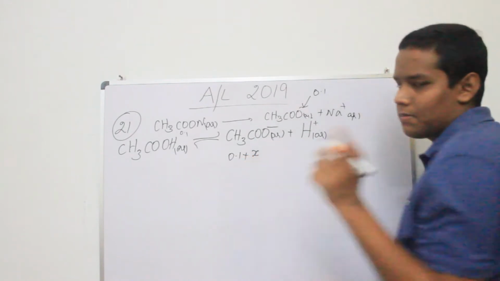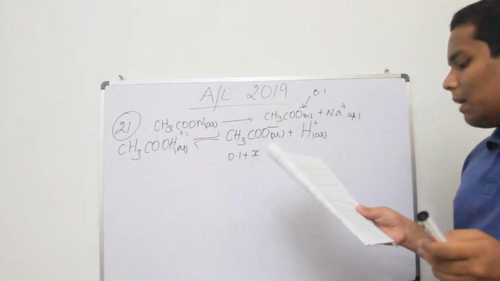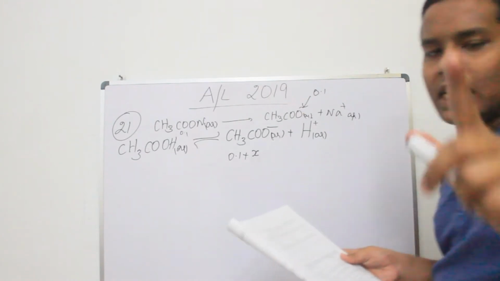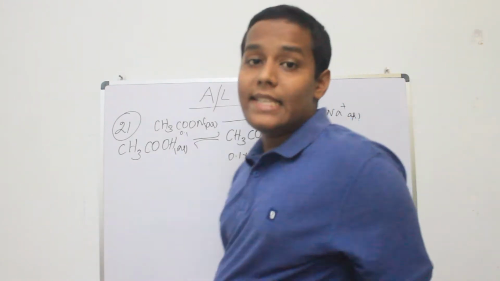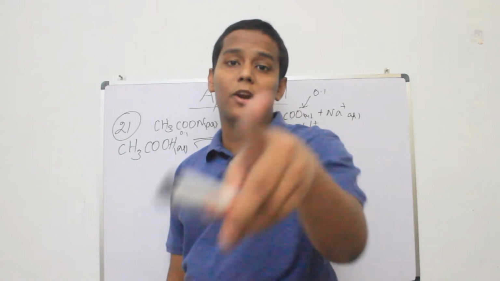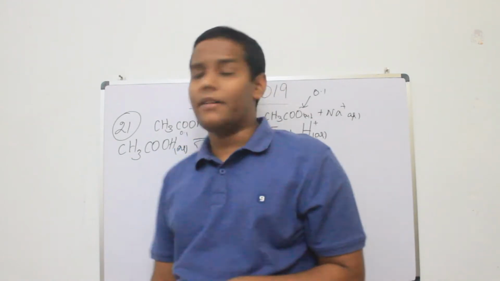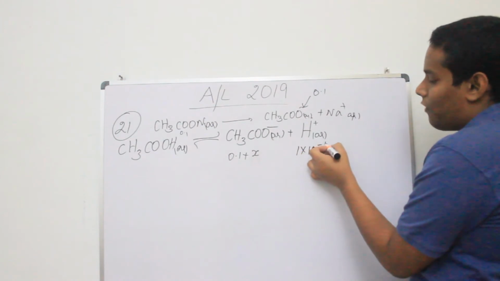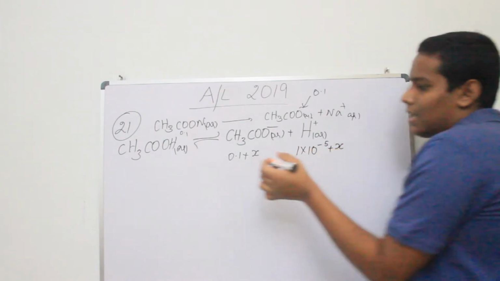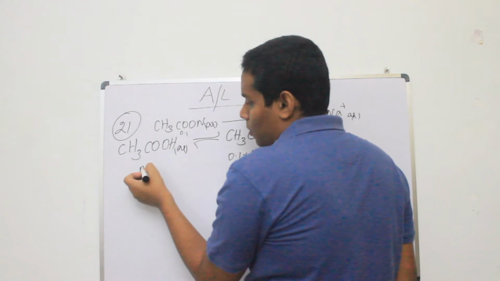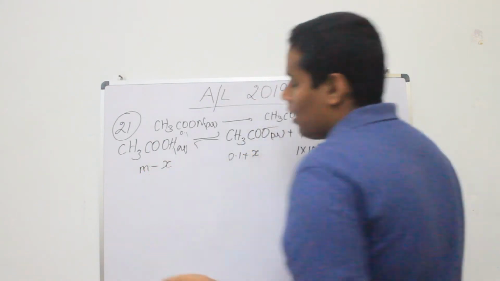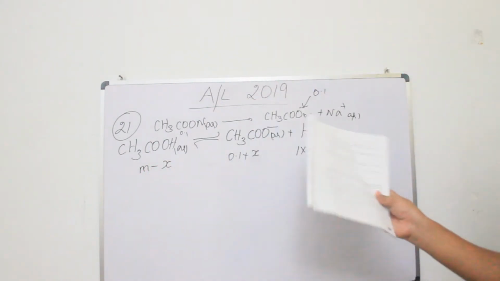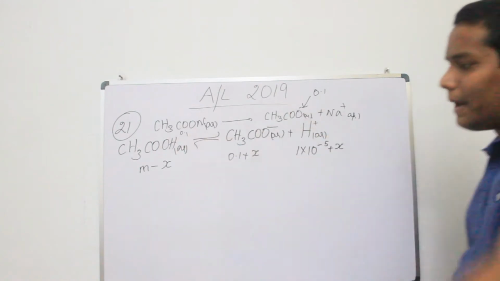H plus aqueous concentration, pH 5. pH 5 means H plus aqueous concentration is 1 into 10 to the power minus 5. You don't have to even write that. So this is 1 into 10 to the power minus 5 plus 6. If I consider the initial concentration to be M minus X, X is negligible compared to all other parameters.